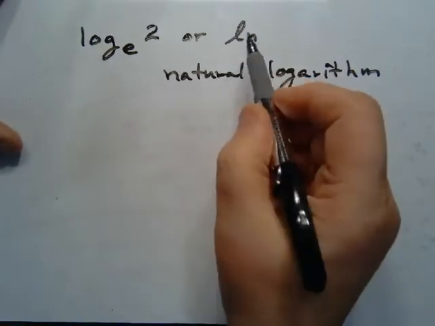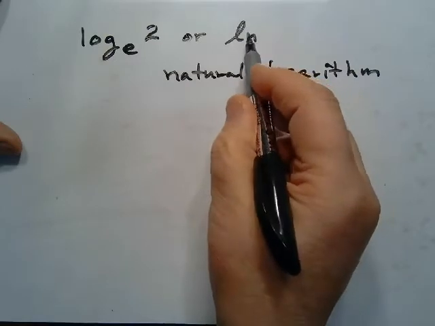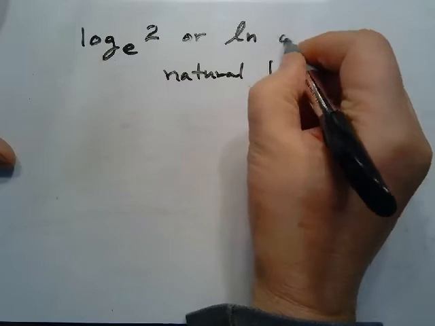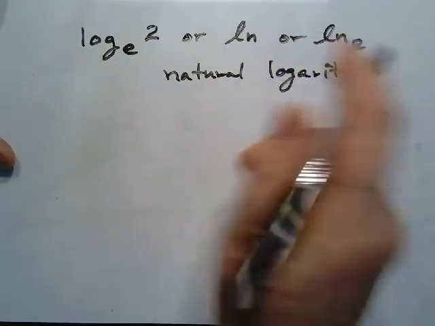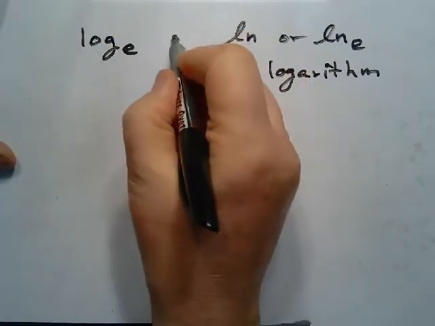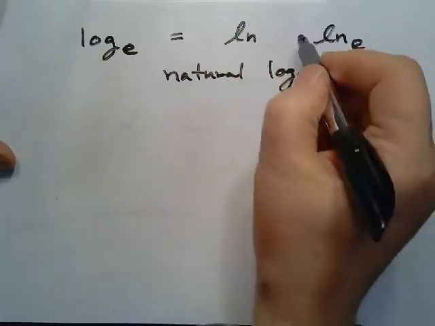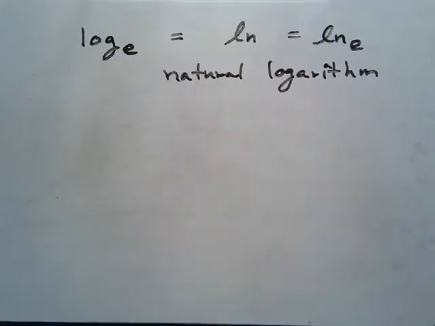And they will use the notation ln to talk about the natural log of base e. Now, I'm going to continue to write this e here. All three of these mean the same thing: log base e is equal to ln, which is equal to the natural log base e. These are all the same.